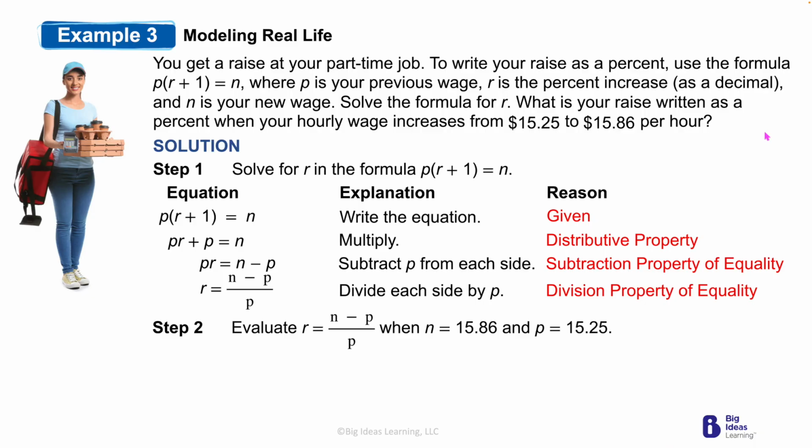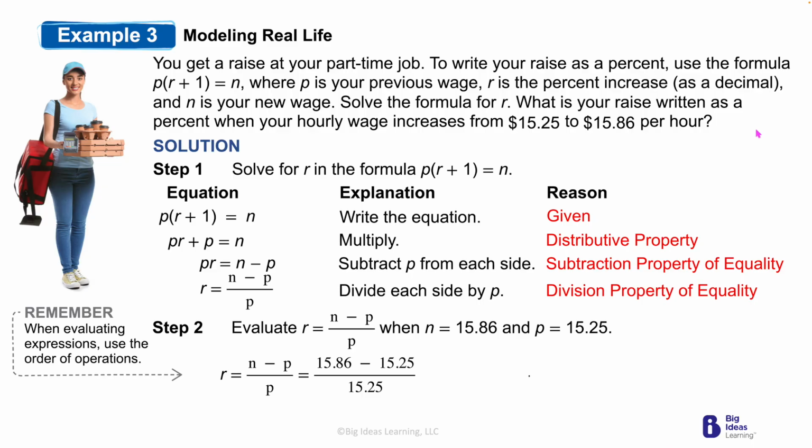Remember they said p is your previous wage, so 15.25, and n is your new wage, so 15.86. Just going to plug all those in. You get 0.04. Now that's a decimal. They said as a percentage, so you're going to change that to 4%. So again, the math part of this, you did in Algebra 1. It's the reasons over here that you're looking for.